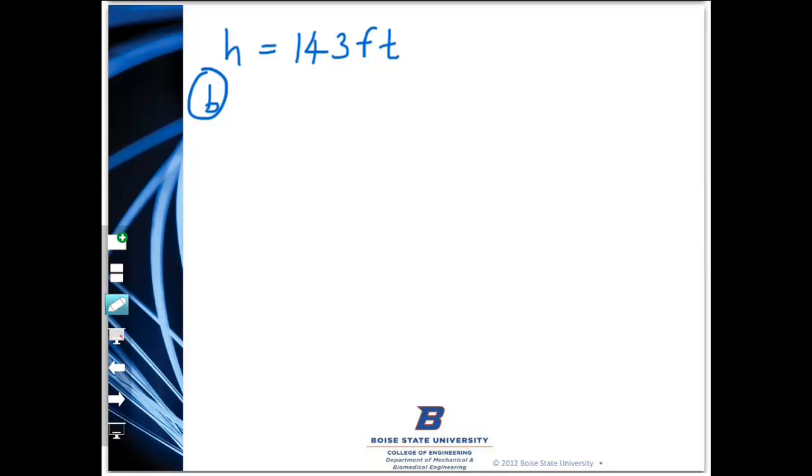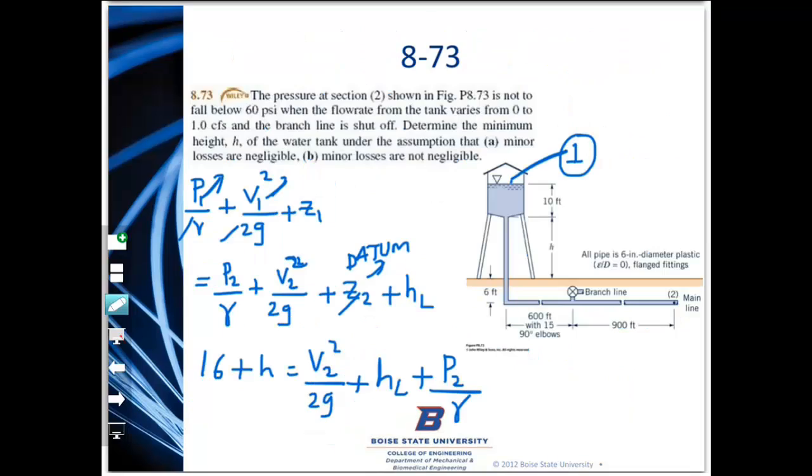Now we have to consider HL minor as well. Let's try to find sigma KL. You have a sharp entrance here, so if you look at the figure in your book, it will give you the entrance loss coefficient.